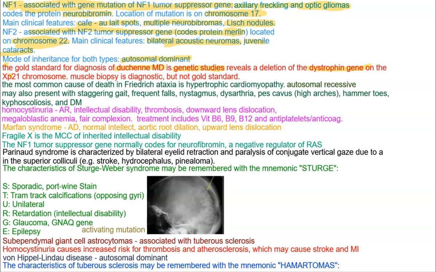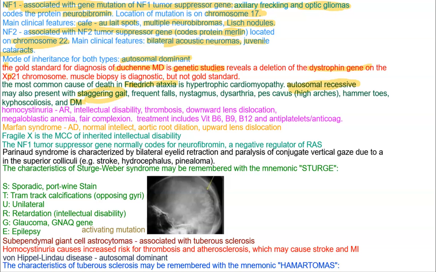Next one is Friedreich ataxia. This is pretty high yield, and I'm sure you're already aware of this, but we'll go through it quickly. In Friedreich ataxia, the most common cause of death is going to be hypertrophic cardiomyopathy. It's autosomal recessive in inheritance pattern. It also is going to present with staggering gait, frequent falls, nystagmus, dysarthria, pes cavus, which is high arches, hammer toes, kyphoscoliosis, and diabetes mellitus.